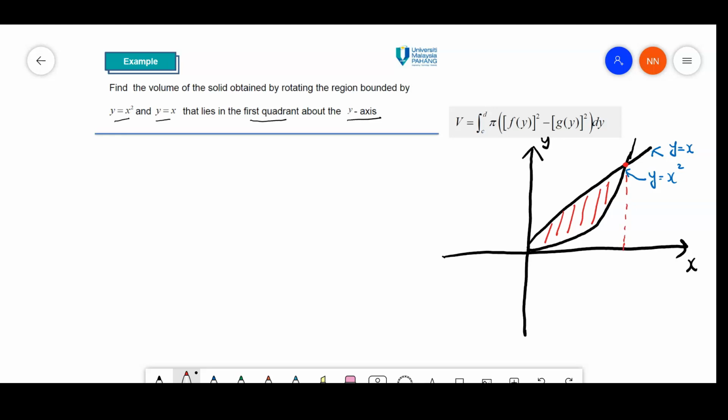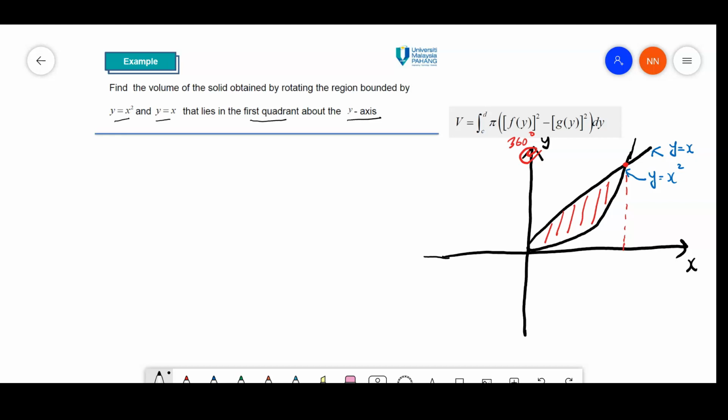Now we want to revolve about the y-axis, 360 degrees. If you revolve about the y-axis, then you will have the solid, where the same region appears on your left, in the second quadrant here.